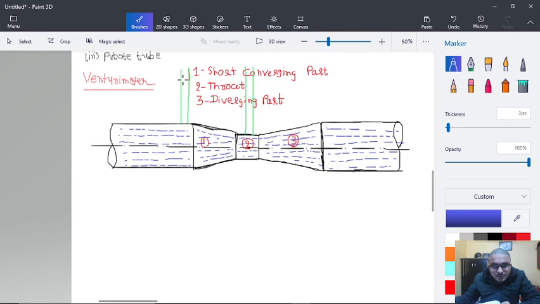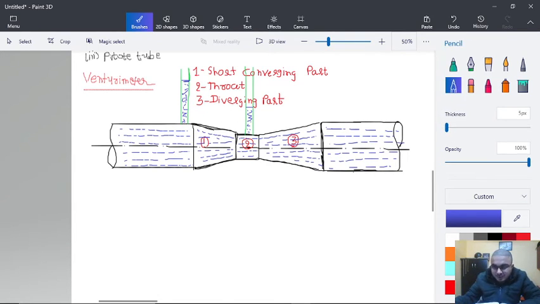So this will be used for measurement of pressure difference, and this is also filled with water.